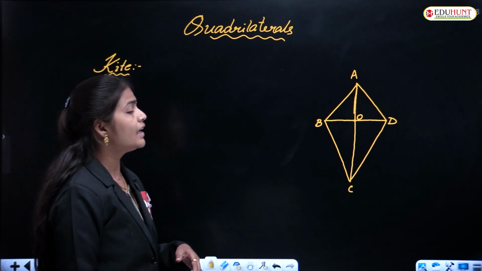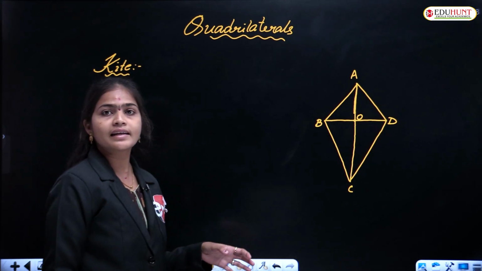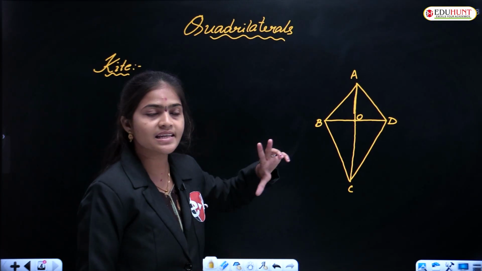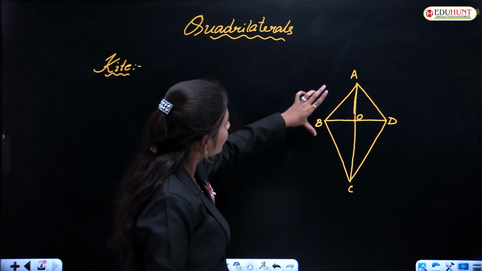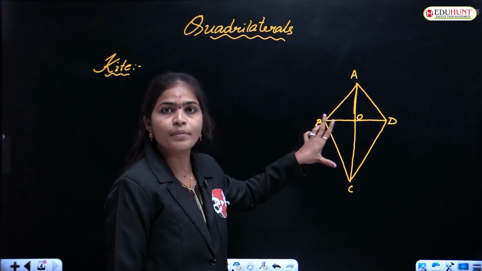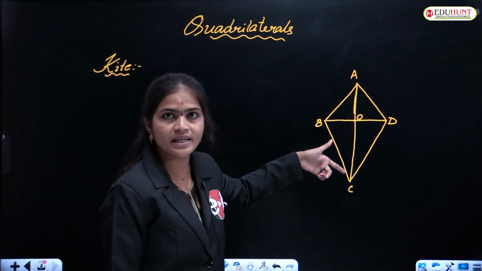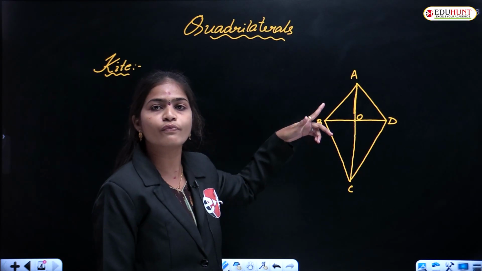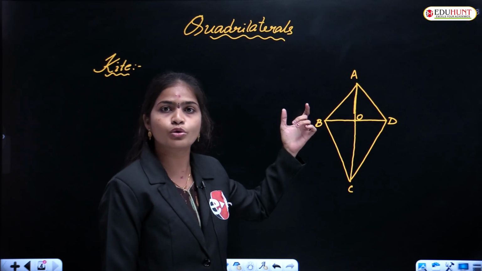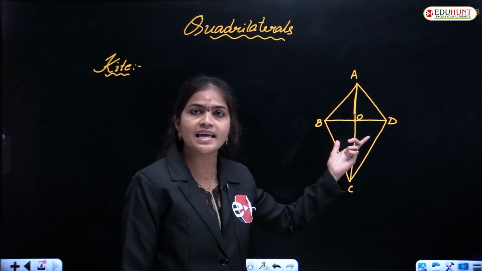It means in a quadrilateral, at least one pair of adjacent sides are equal. Here we can't say that AB and BC, those two are also adjacent sides only, but here AB is not equal to BC. So that's why at least one pair of adjacent sides are equal, as well as two pairs of adjacent sides are equal.